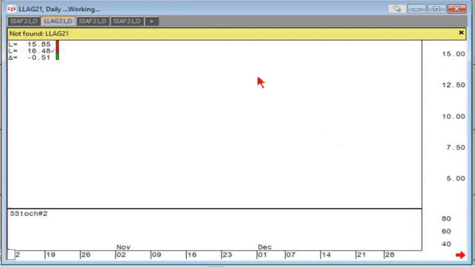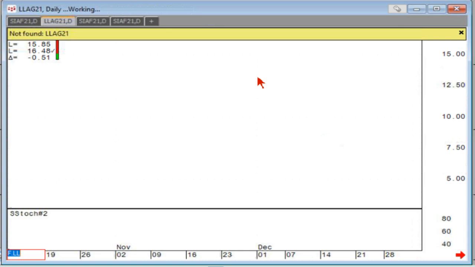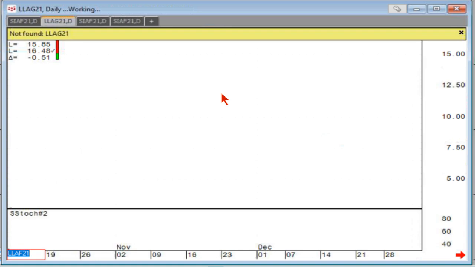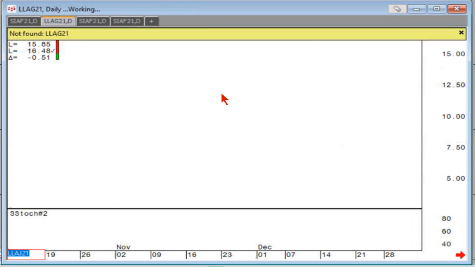Lumber. Well, I don't know why lumber's not coming up. No. Huh. I can't get lumber up.